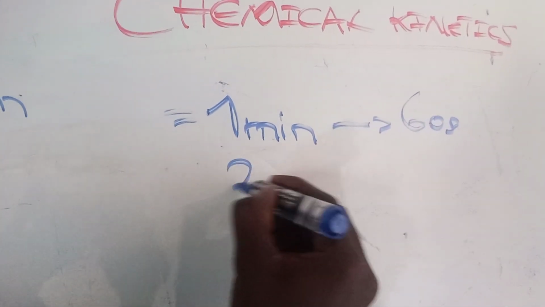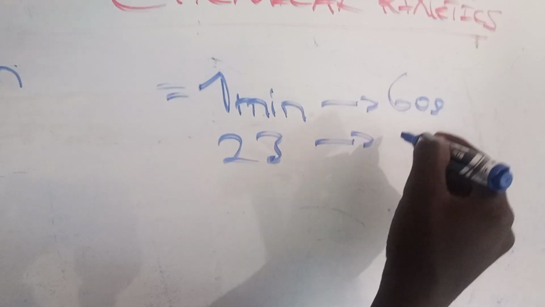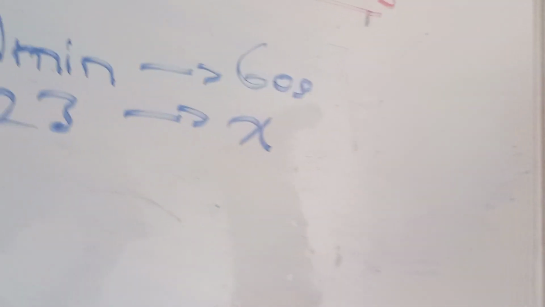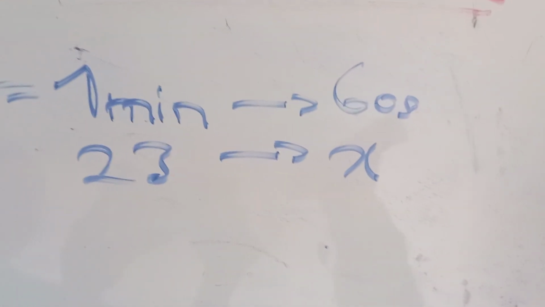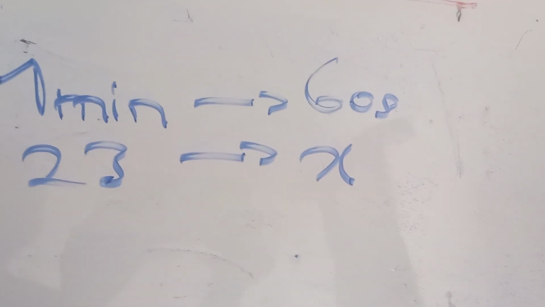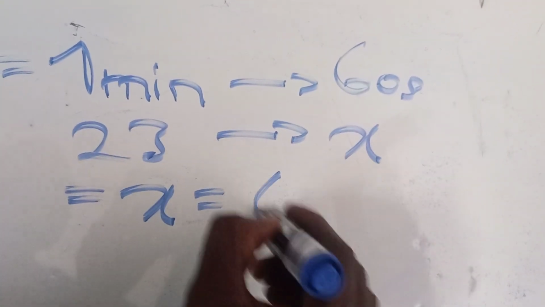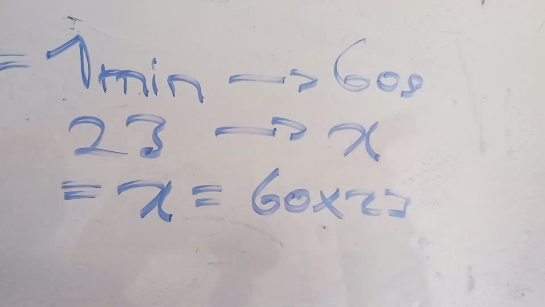And how many minutes do we have? We've got 23 minutes, which is equivalent to X. We're looking for the value of X, so X times 1 is X. What is 60 times 23?